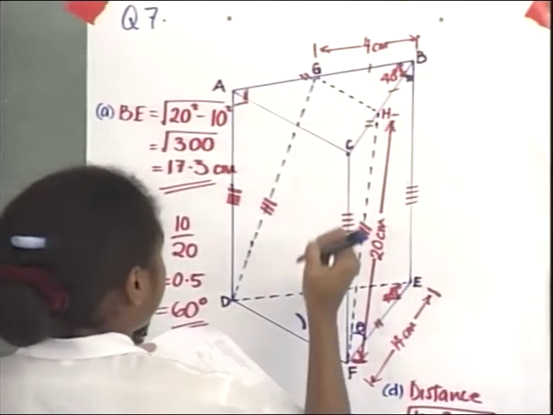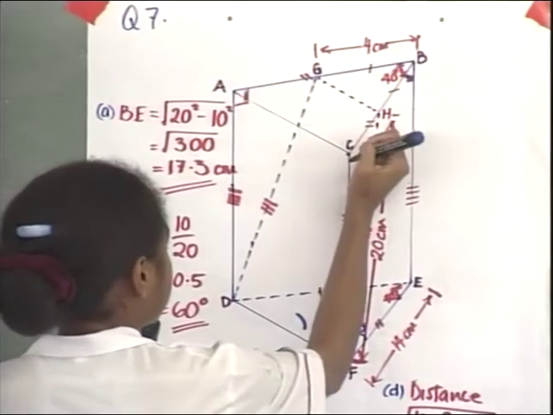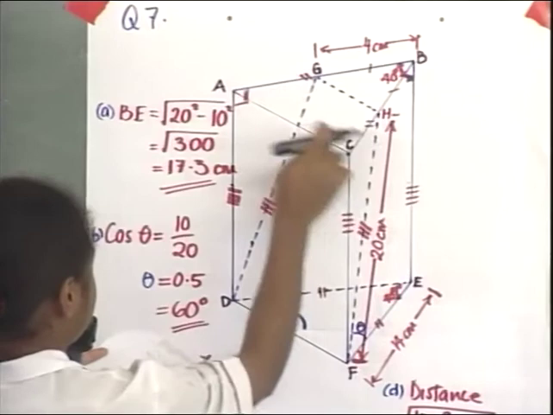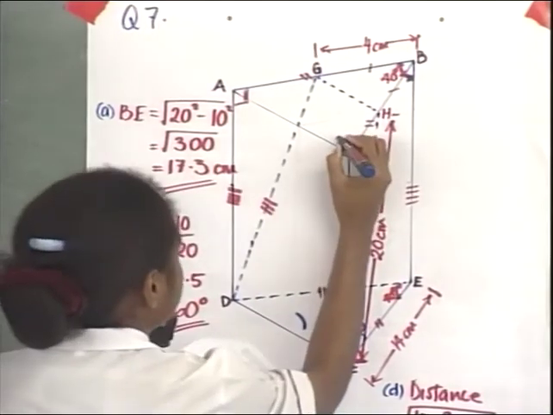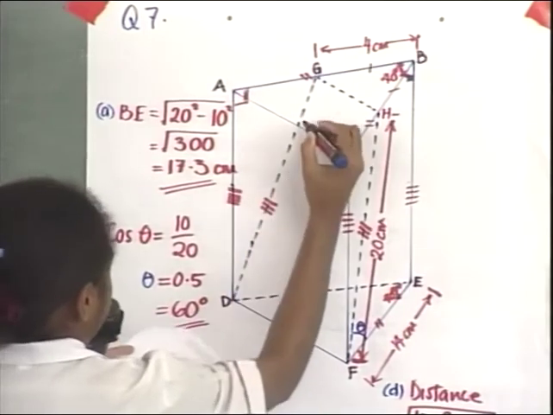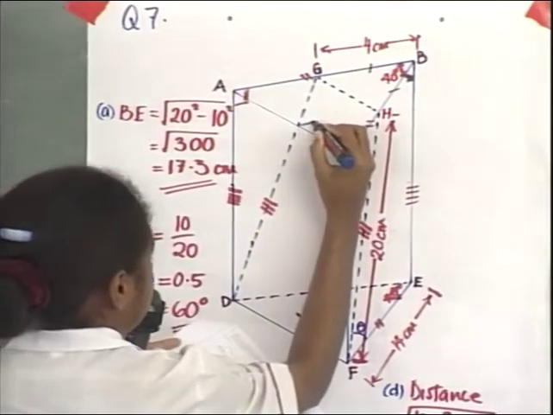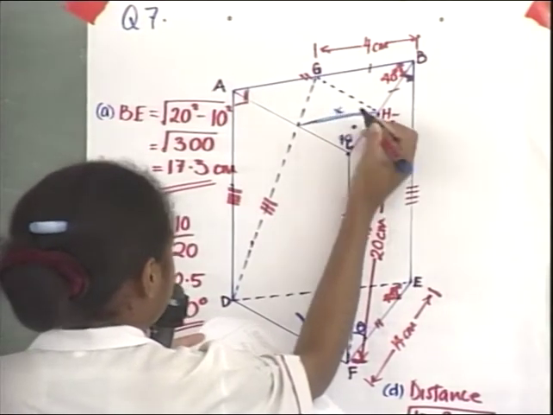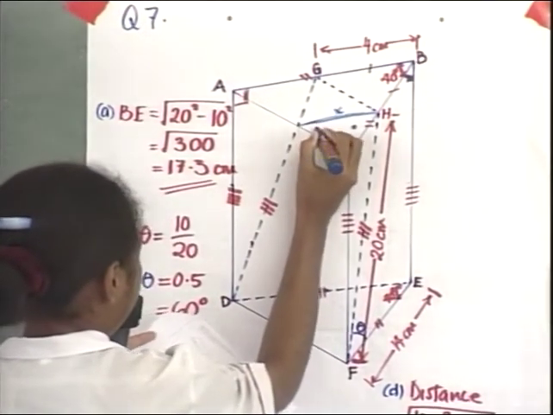Because this is 40 and this is an isosceles triangle, this should be 70 degrees. And over here, the line that we formed from here to here will be x, and this should be 90 degrees.